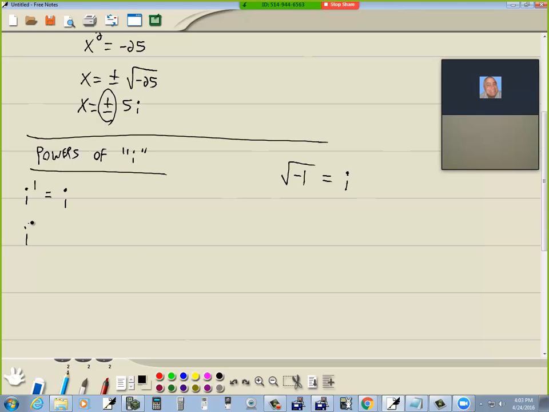So to figure out what i squared is, if I square both sides, when I square a square root, they cancel each other away, so it gives me negative 1. And i to the second power is i squared. So that would tell us i squared is equal to negative 1.